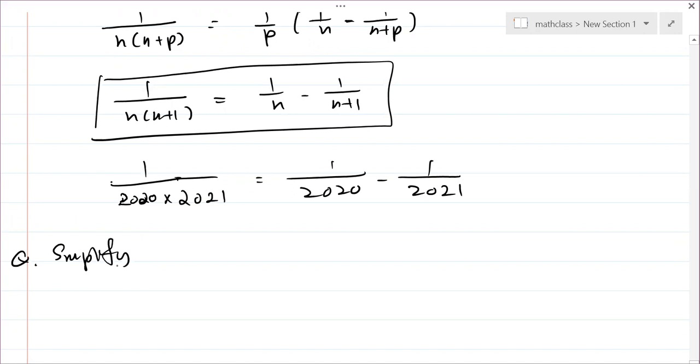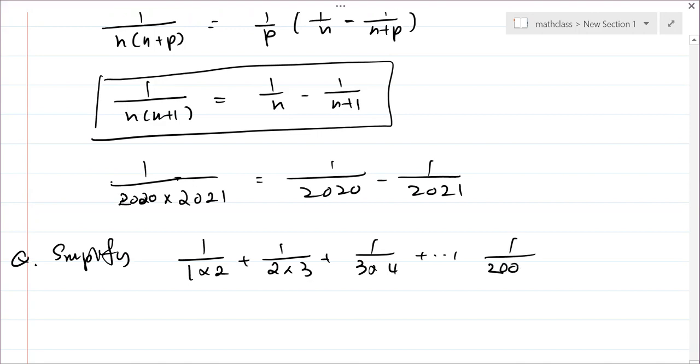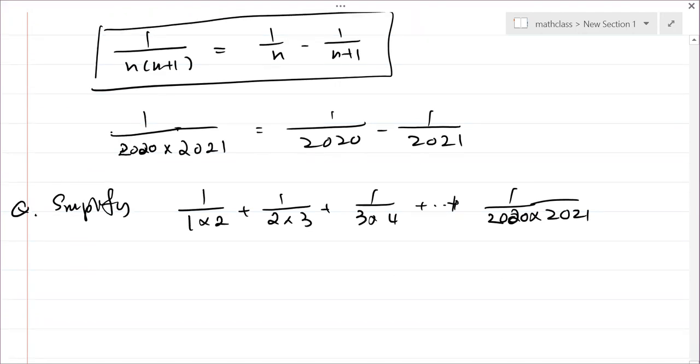Simplify 1 over 1 times 2, then 2 times 3, 3 times 4, and here's 2020 times 2021. Now, how many terms do you have? You have 2020 terms.